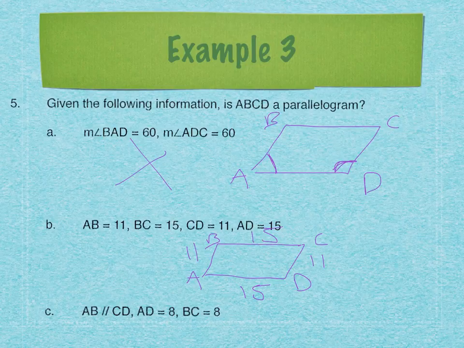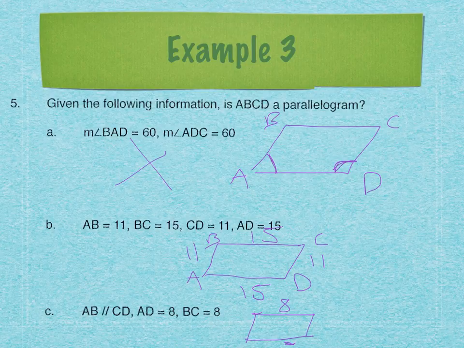All right, last one. I have that AB is parallel to CD, and AD is 8, BC is also 8. So BC is on the top, that's 8, AD is on the bottom, that is also 8. And then AB is parallel to CD.